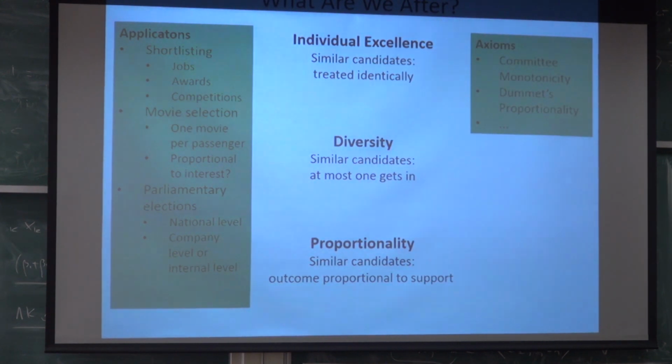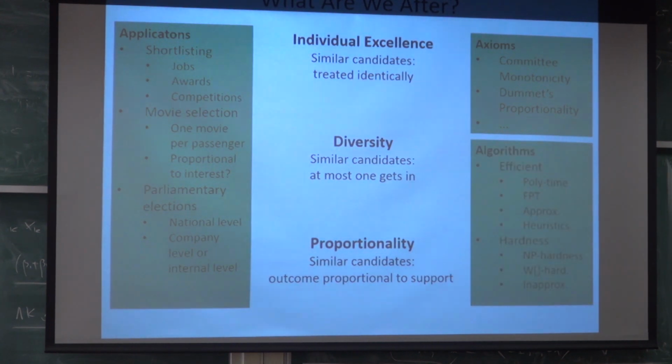We'll be looking at axiomatic properties of rules. So we want to match axioms with our idealized goals. And of course, we have various algorithms for computing the rules. On algorithms, we will mostly focus in the diversity section, but we still have some in the middle.